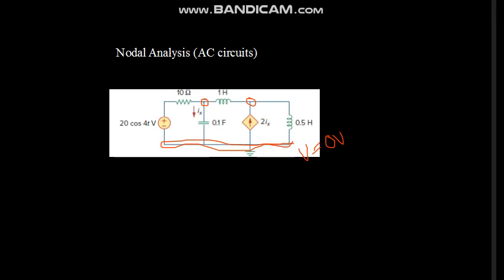There are two other nodes where there is an incoming current and two outgoing currents, and this point works as a junction. In this node, this current and this current are entering and this is outgoing. That is the main basis of nodal analysis: applying Kirchhoff's current law, where incoming current is equal to outgoing current.